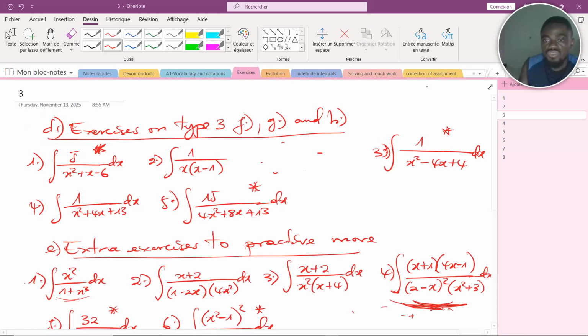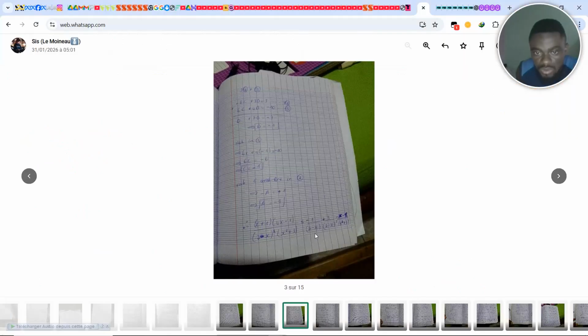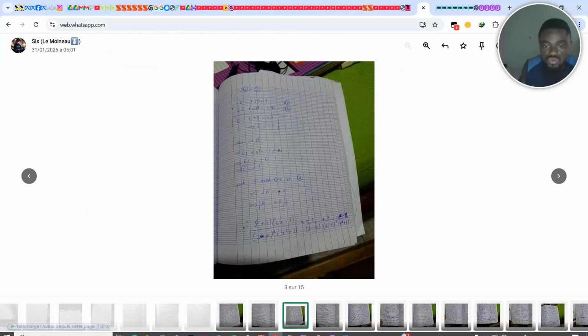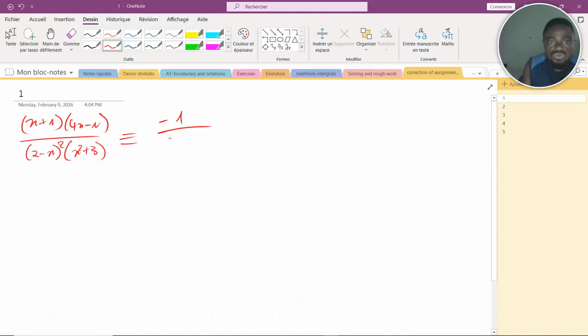Yes, that's it. So after expressing that in partial fractions, you said it was identical to minus 1 over 2 minus x, plus 3 over (2 minus x) squared. I assume that you did your procedure to express things in partial fractions well.